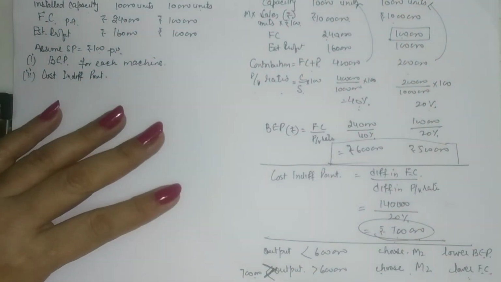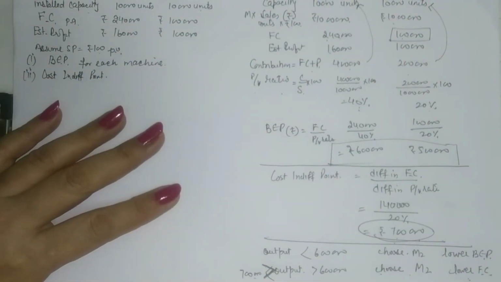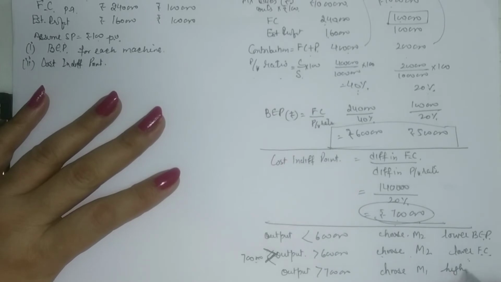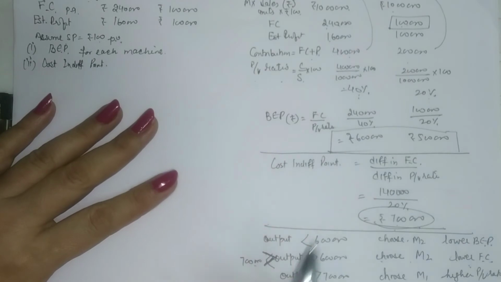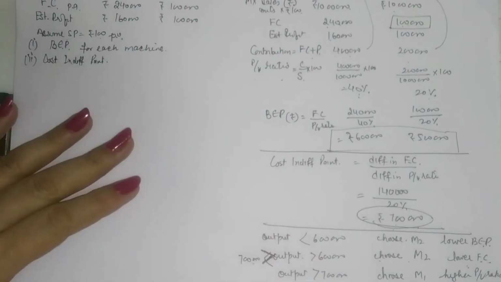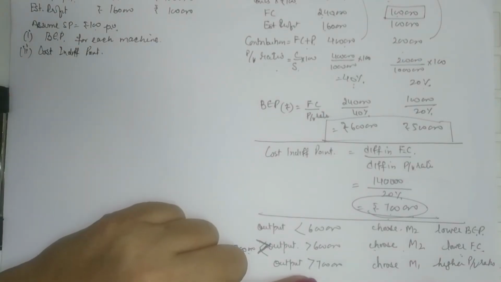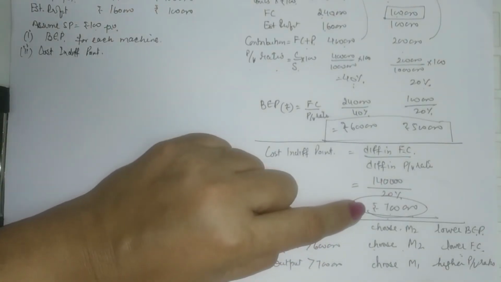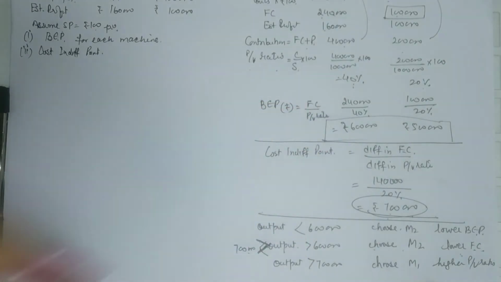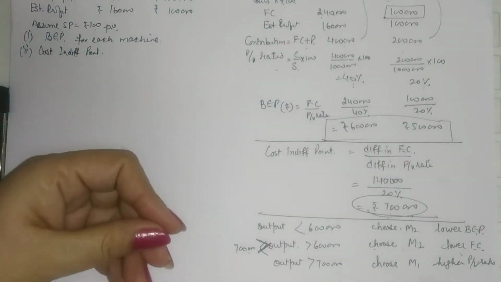And if your output goes above 7 lakh, that is the cost indifference point, then you should choose the method which has higher PV ratio. So it is not that we are comparing only one component. We have to compare both break-even as well as profitability, that is PV ratio. Beyond this, every sale is going to give you pure profit.